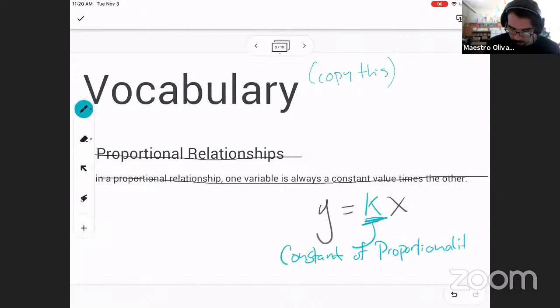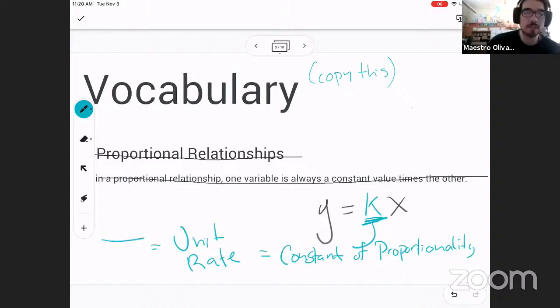This is something we did last year, and it's the same thing as your unit rate. So it's a ratio of two things. And we're going to do 4 examples, so we'll have more than enough practice.